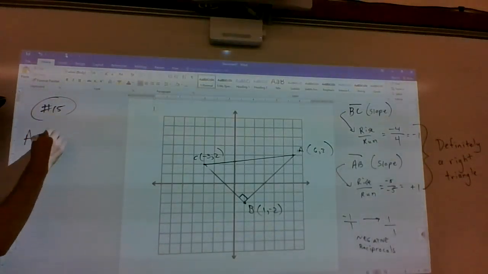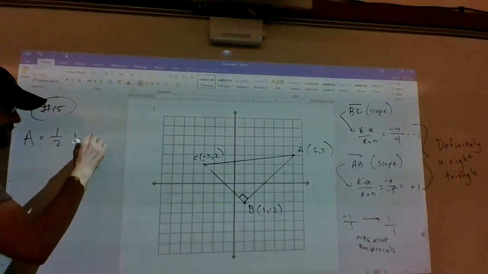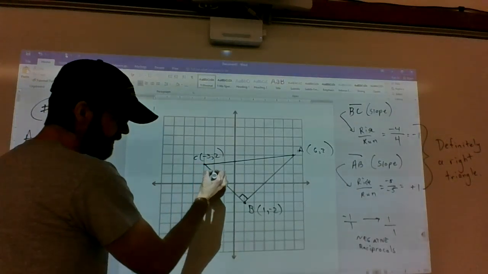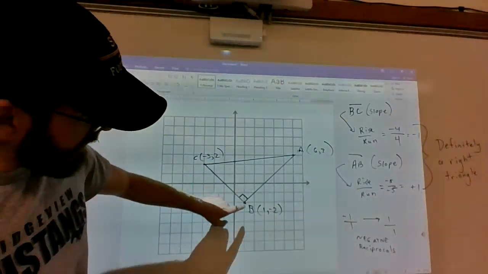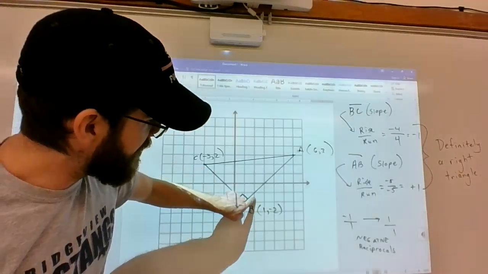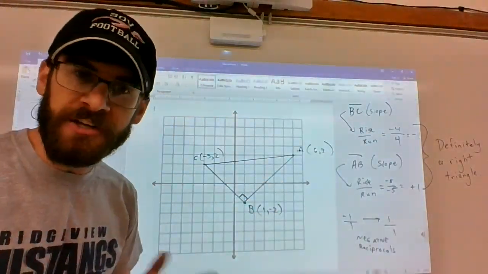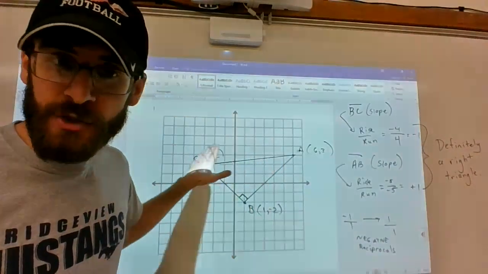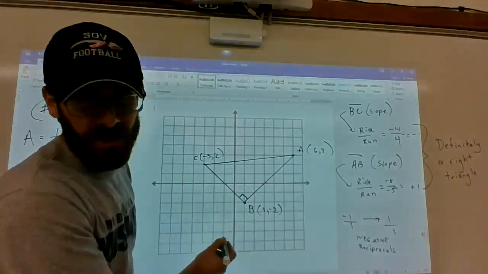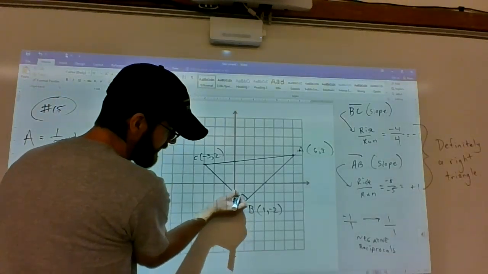The area of a triangle is half the base times its height. So in this context, we would look at either this as the height and that as the base, or vice versa. The hypotenuse in this case will not act as the base unless you dropped what's called an altitude from here down to there.